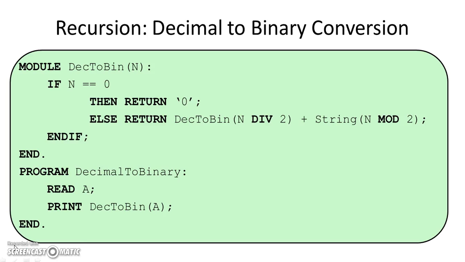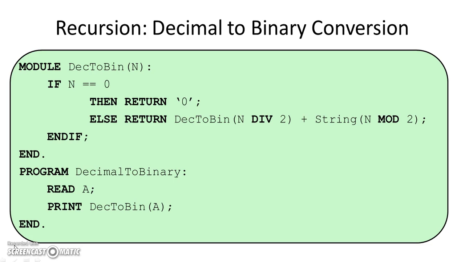If we want to write a program to convert a number into a binary string, how we do it is we say: if the number put in is 0, then return the string value 0, else return this same program again, dividing, and this is integer division, n by 2.